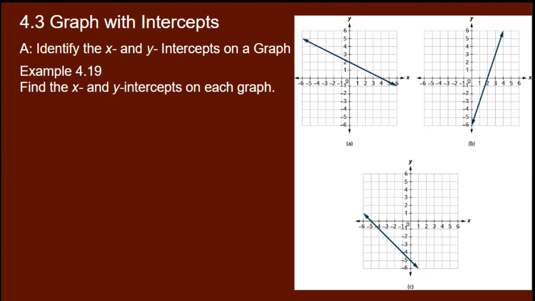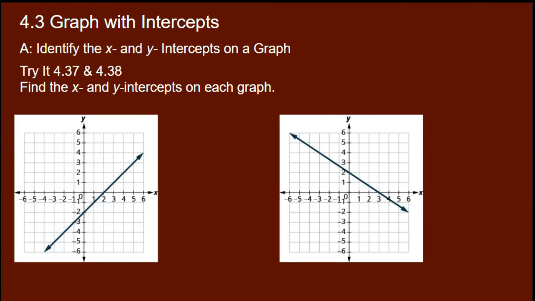Okay, so that's how you use a graph to find the x and y intercepts. So let me put up two graphs here for you to try on your own. Pause the video, go ahead and list the x-intercept and the y-intercept of each graph, and then come back to make sure you got it correct. So let's find the x-intercept of the graph on the left. It crosses the x-axis at x equals 2, so the ordered pair is (2, 0).